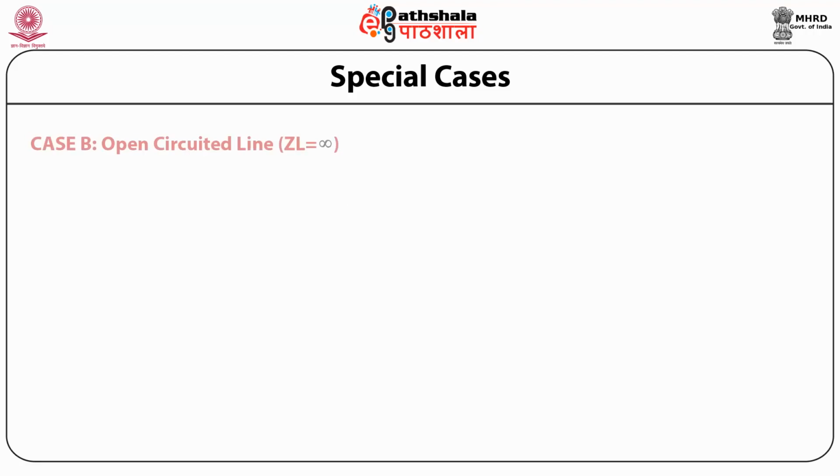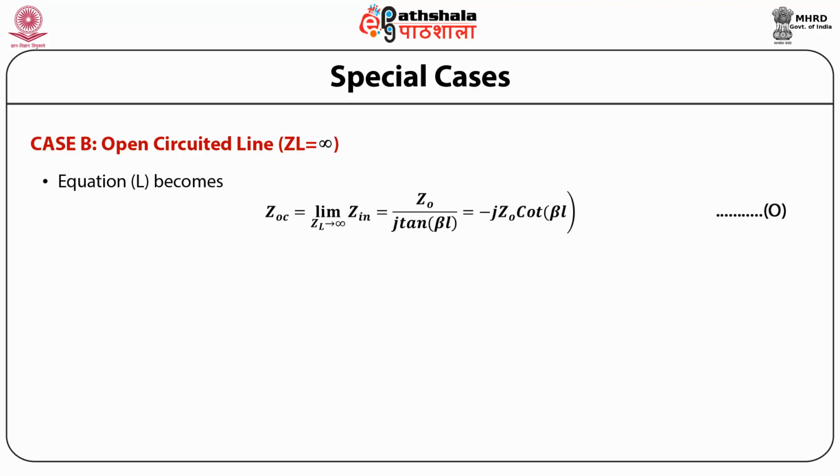Let us now discuss another case, that is the open circuited line, ZL equal to infinity. So now equation L becomes ZOC equal to limit ZL tends to infinity Zin equal to Z0 by j tan of beta L, equal to minus j Z0 cot of beta L. Also, gamma R equal to ZL minus Z0 by ZL plus Z0 equal to 1 for ZL equal to infinity.